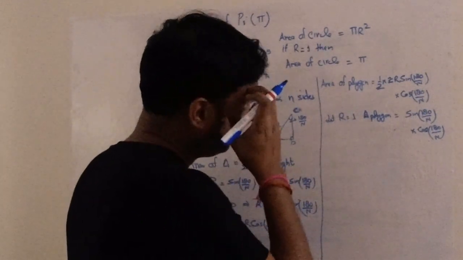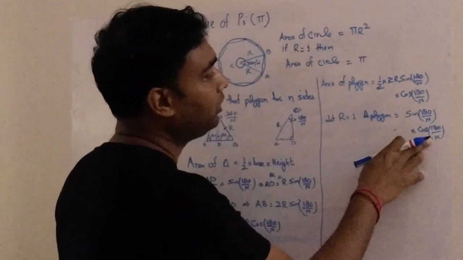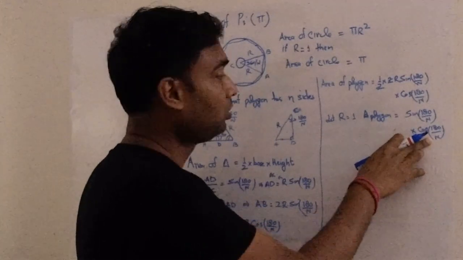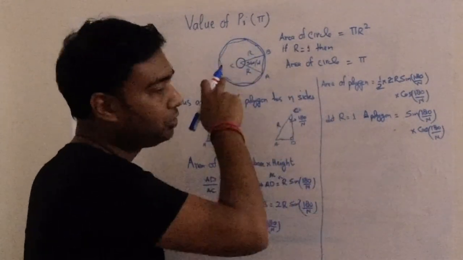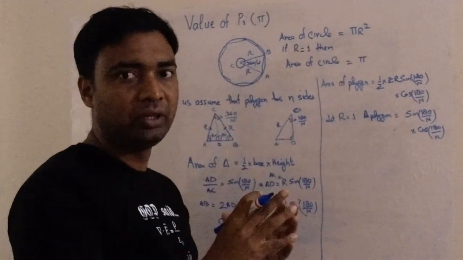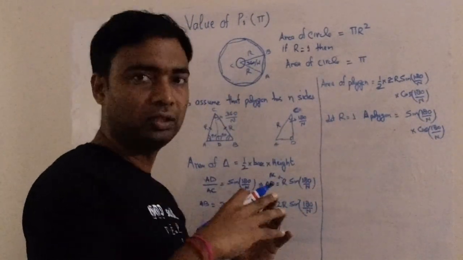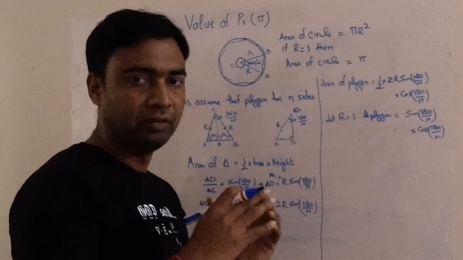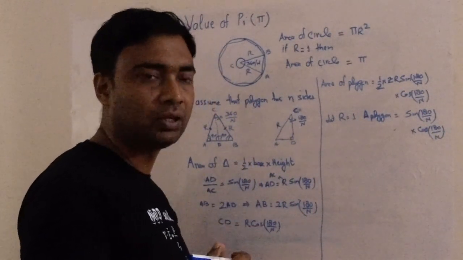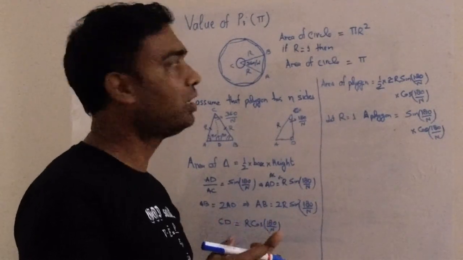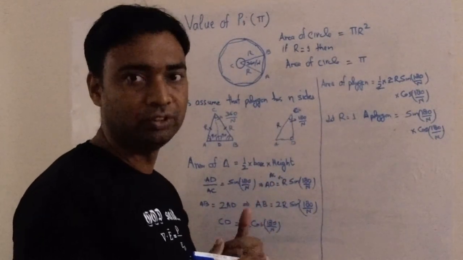Now we can see that as we increase the value of n, this polygon will start becoming a circle, or it will start approximating a circle. Whatever the area is, that circle will also have the same area.